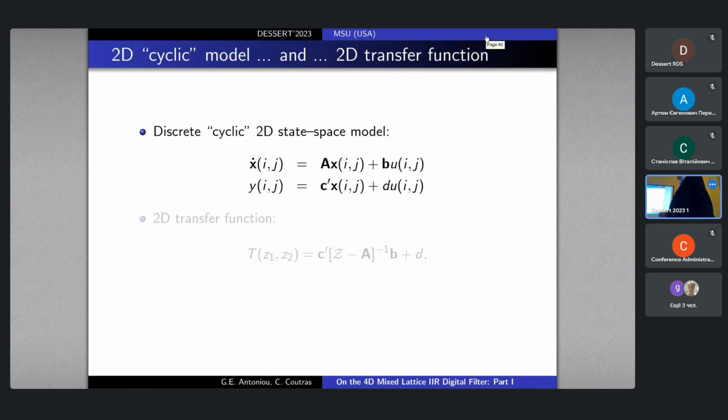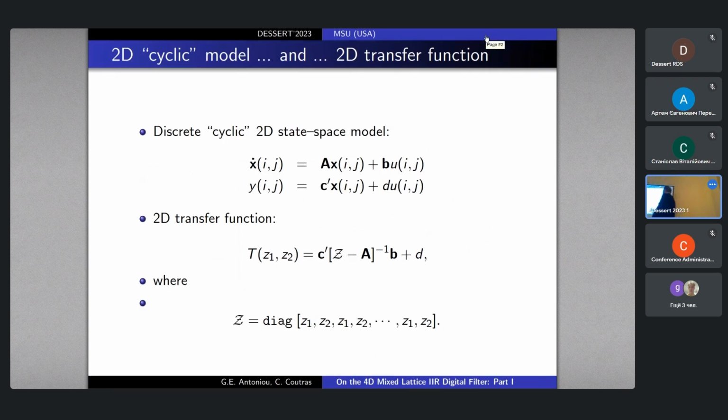And again, applying the 2D Z transform, but in this case, the diagonal is Z1, Z2, Z1, Z2. This is the 2D case. In a 4D case, this is Z1, Z2, Z3, Z4, Z1, Z2, Z3, Z4, and so on.